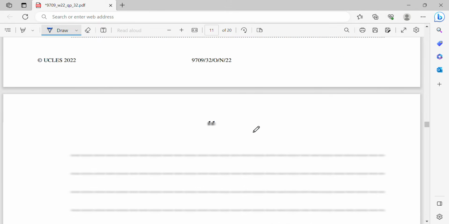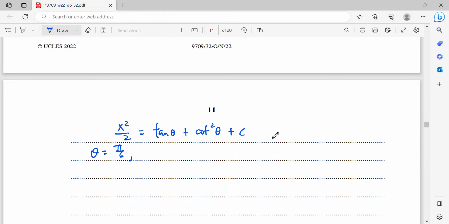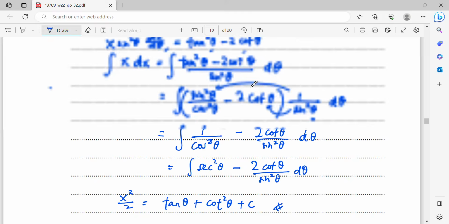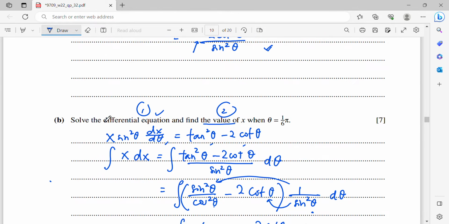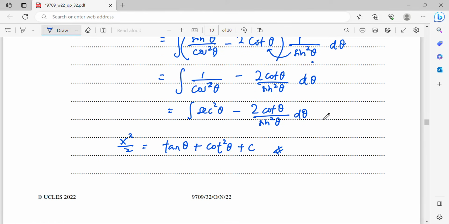So when you look at here, if I just write theta equals pi over 6, I will have two unknowns, the x squared and also the c, because I only have the theta. Which means the first part is not solved yet, because we still need to find the c.